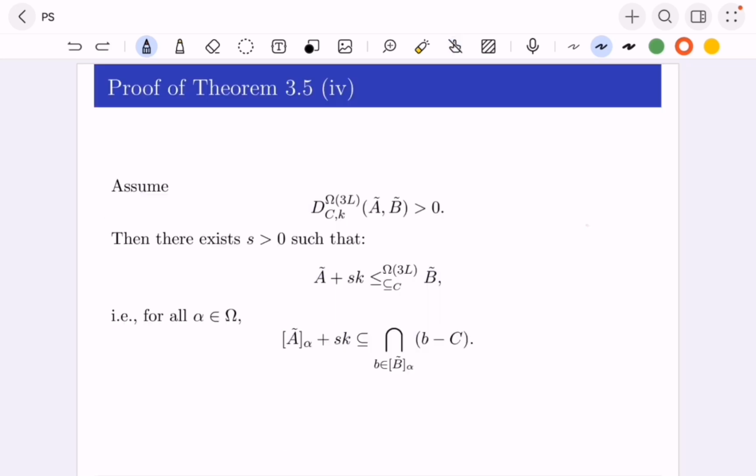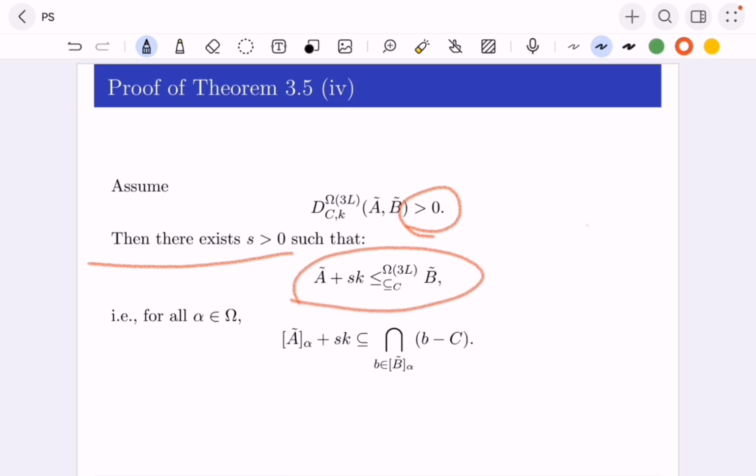Proof of theorem 3.5, 4. So we assume that the directional distance between the fuzzy sets A and B with respect to the cone C and direction index K is strictly positive, or greater than 0. So this condition implies that A is strictly below B in some generalized directional ordering, and there's a definite positive distance separating them in the direction determined by C and K. Because the distance is positive, we know that there exists S greater than 0 such that this one.